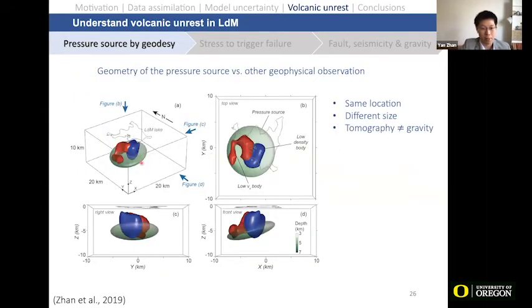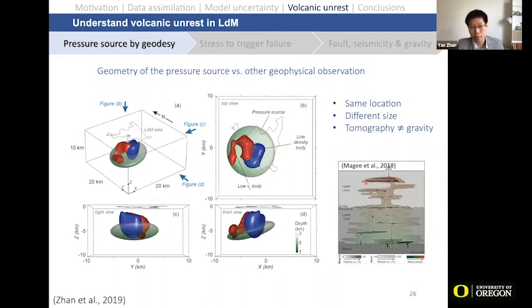Here, the green one is the pressure source we determined by the geodetic data, the red one is the tomography data with the low S-wave velocity body, and the blue one is the low density body by gravity. We can see in general they have the same location, and also the tilting trend is the same. However, the size is different, and even tomography is not consistent with the gravity data. Besides there may be some uncertainty in those observations, we think the possible explanation is that we are imaging crystal mush here.